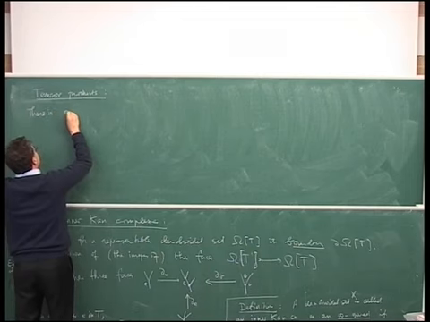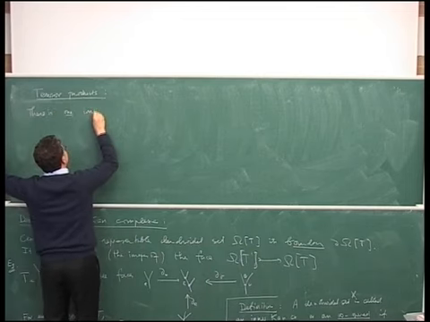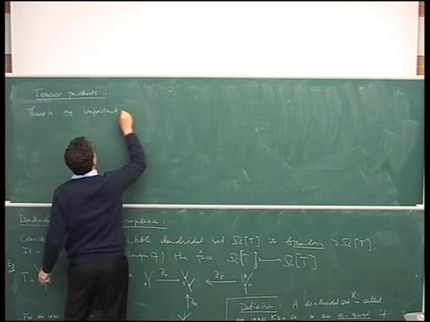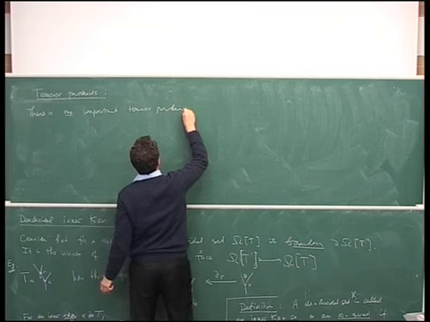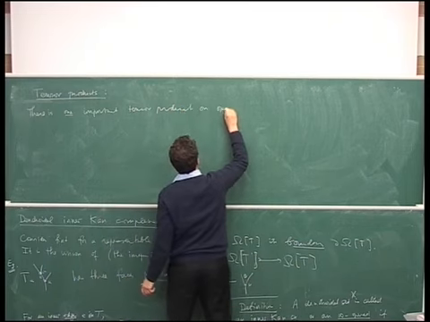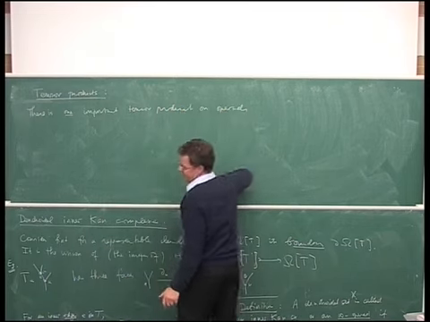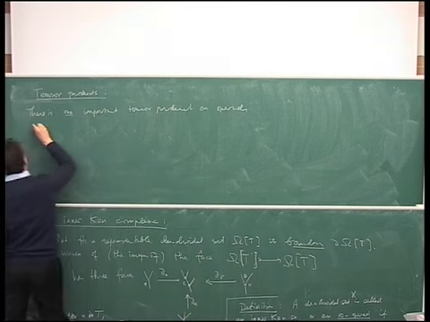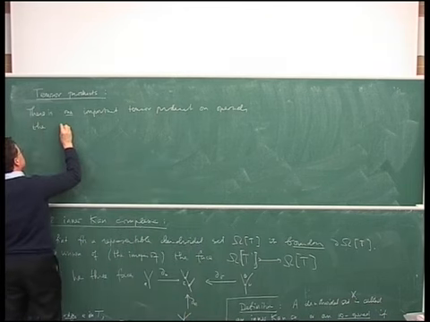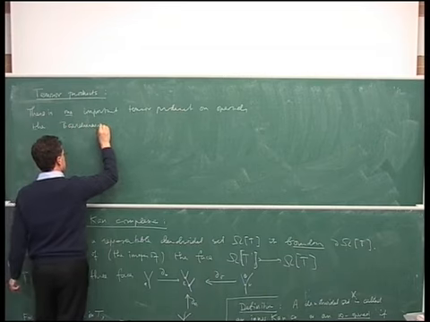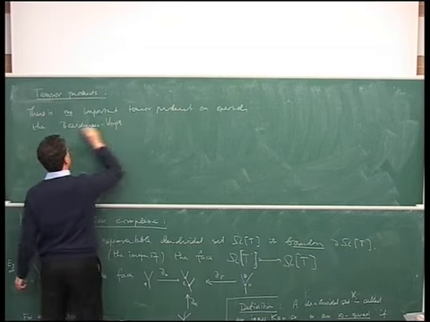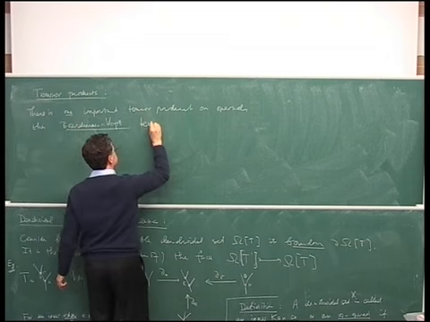There is one important tensor product, which is often called the Boardman-Vogt tensor product.